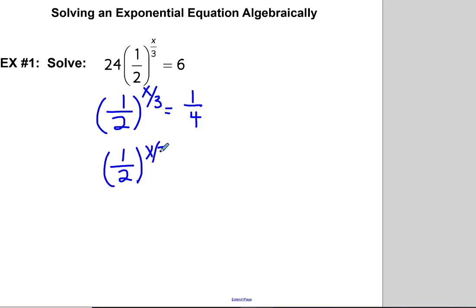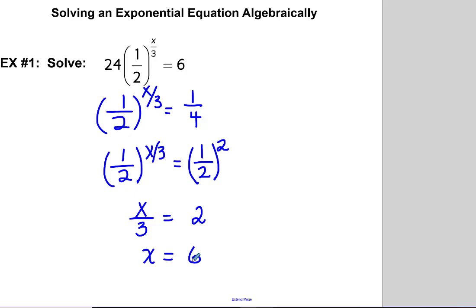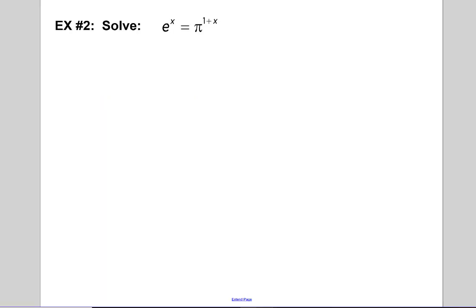So if we had the half base on the left, we could have a half base on the right, which would mean this would have to be squared. So when the bases are the same, the exponents are equal. That means 1/3 of an x is equal to 2, so x is equal to 6. And we have solved using those properties of exponents.